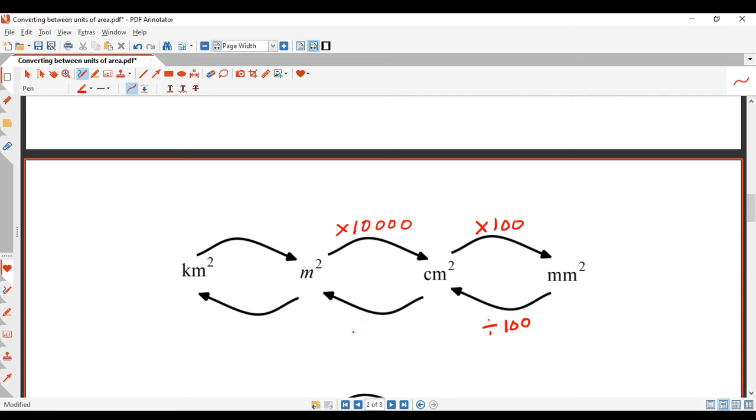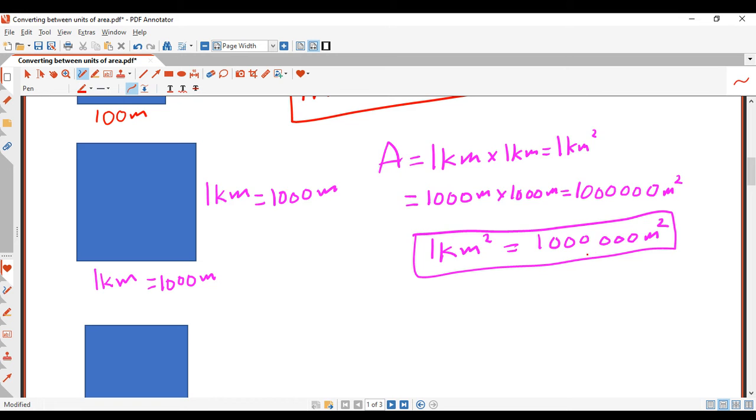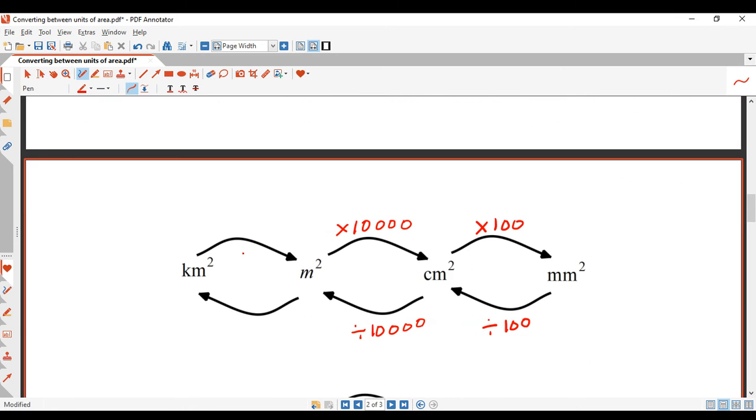Now to go the other way, we're doing the opposite, which is divide by 10,000. Now kilometre squared, if you go back to your notes, you can see 1 kilometre squared is a million metres squared. So to go from kilometre squared to metre squared, I'm timesing by a million. So 6 zeros. Then to go from metre squared to kilometre squared, I'm dividing by a million. So 6 zeros.